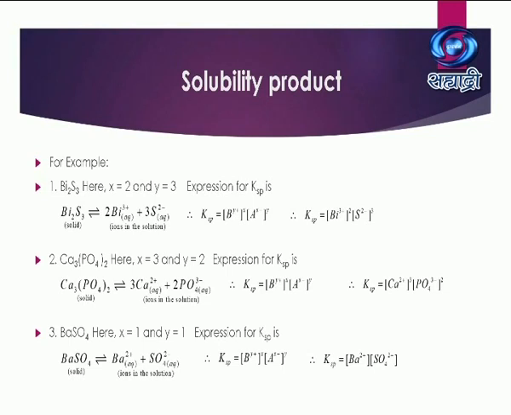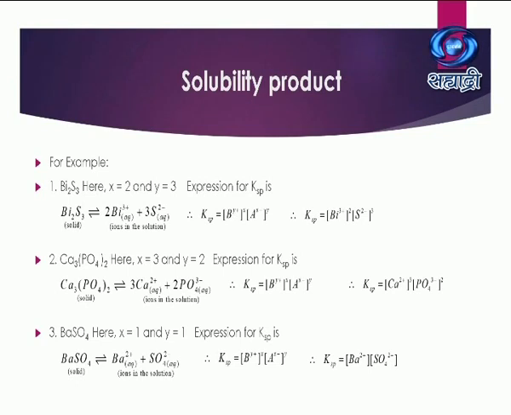Now to write the expression for Ksp, Bi2S3 solid reversibly gives 2 moles of Bi^3+ aqueous plus 3 moles of S^2- aqueous, ions in the solution. So bismuth cation has 2 moles, sulfide anions have 3 moles. Now the total positive and negative charge are balanced and our equation written is right.